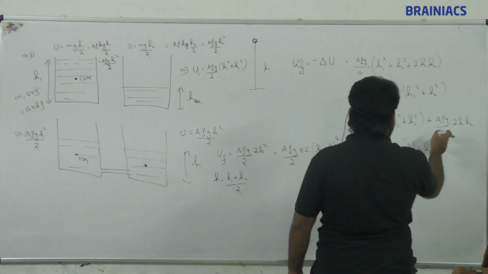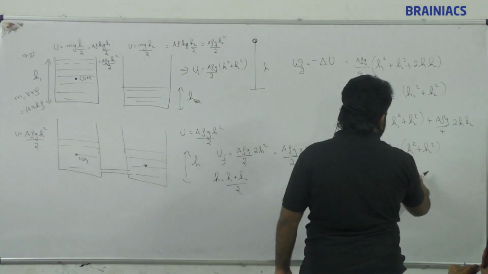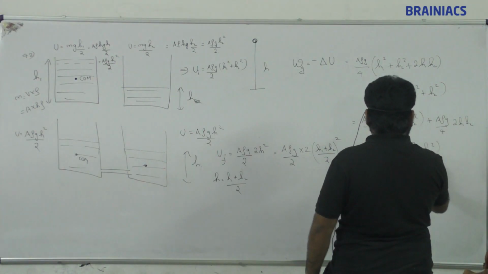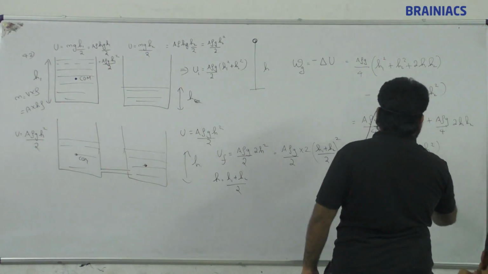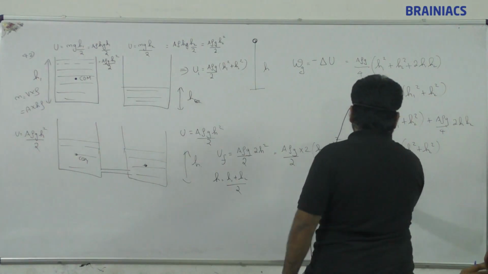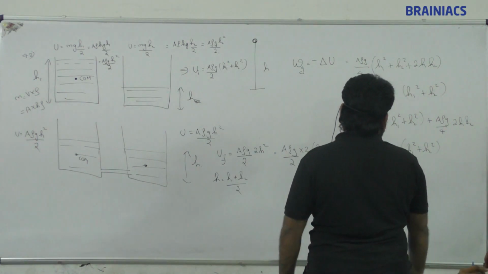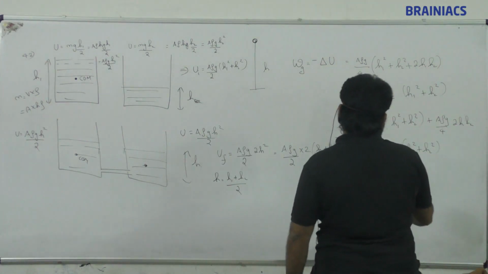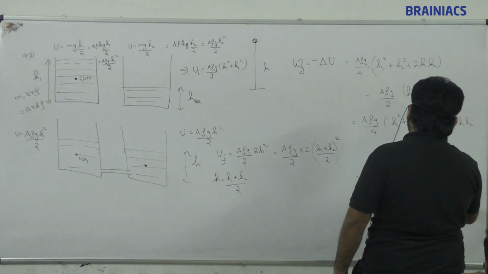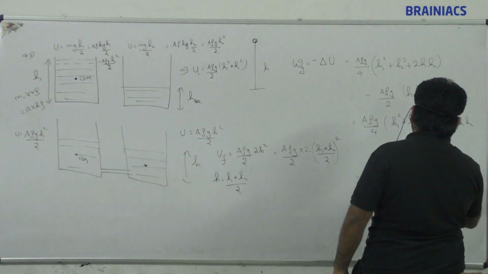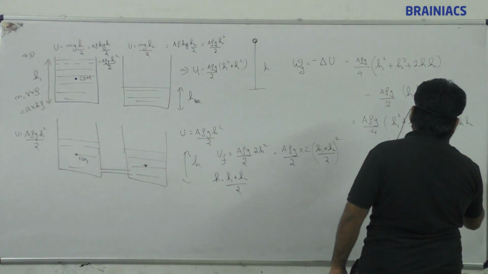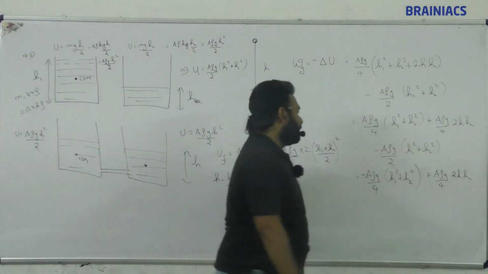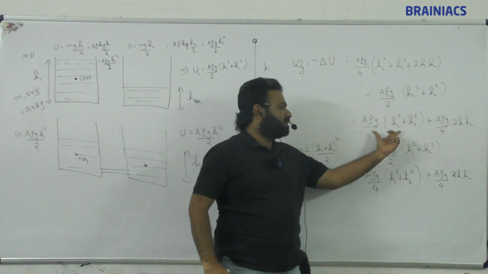If we take it outside, this will become this one minus here minus. Yes, okay, so this is 1 by 4.